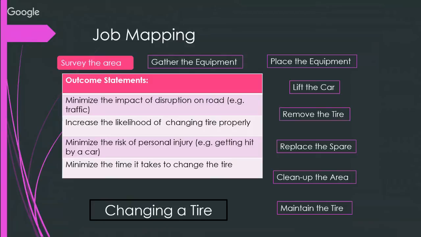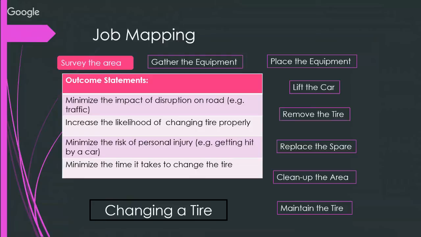Now, these outcome statements have a specific language, the Ulwick language, which basically means your outcome statements can only start one of two ways: minimize subject or increase subject, but it has to have a measurement in between. This is just an example of changing a tire that was my individual task.